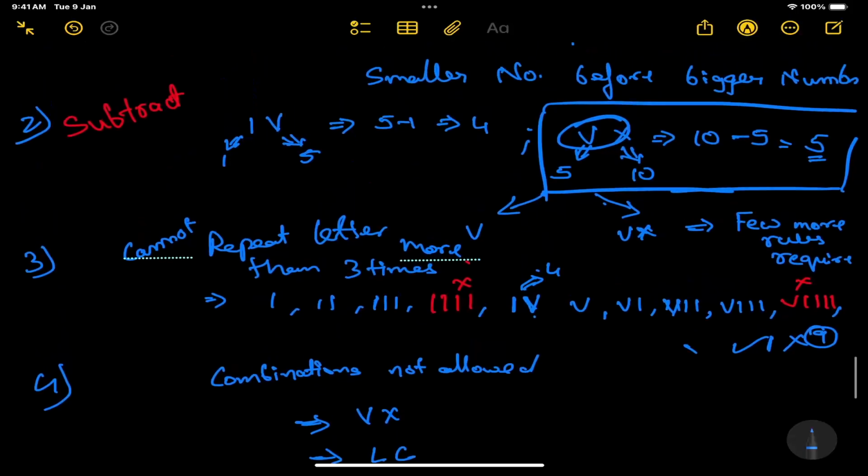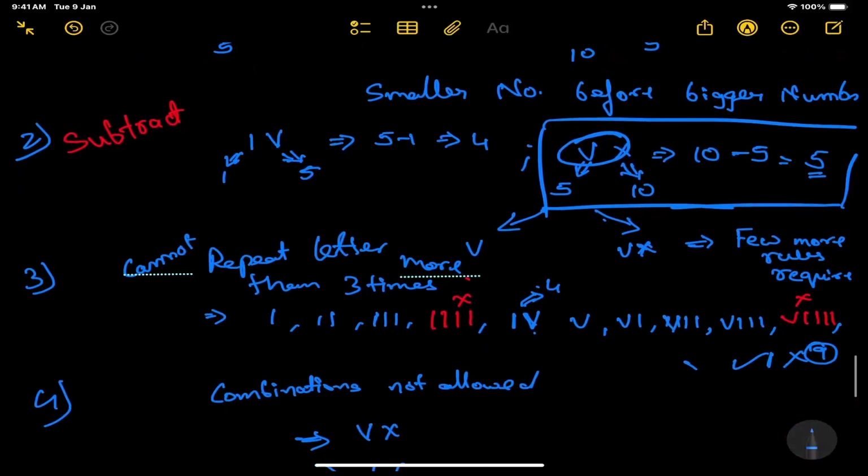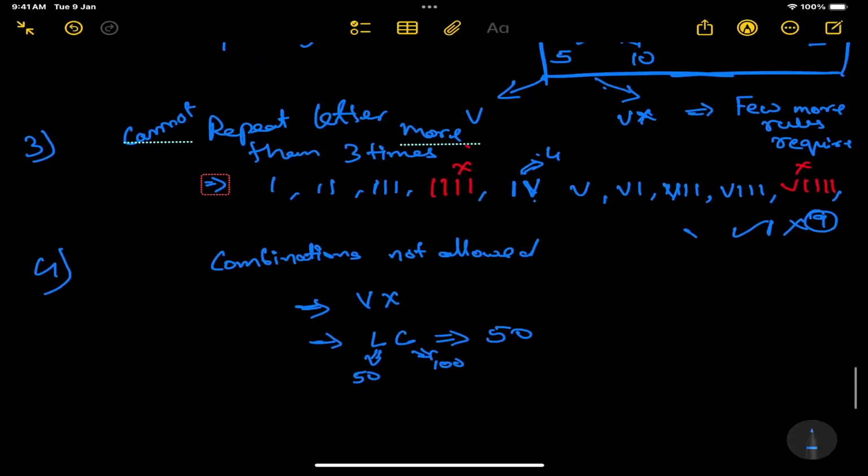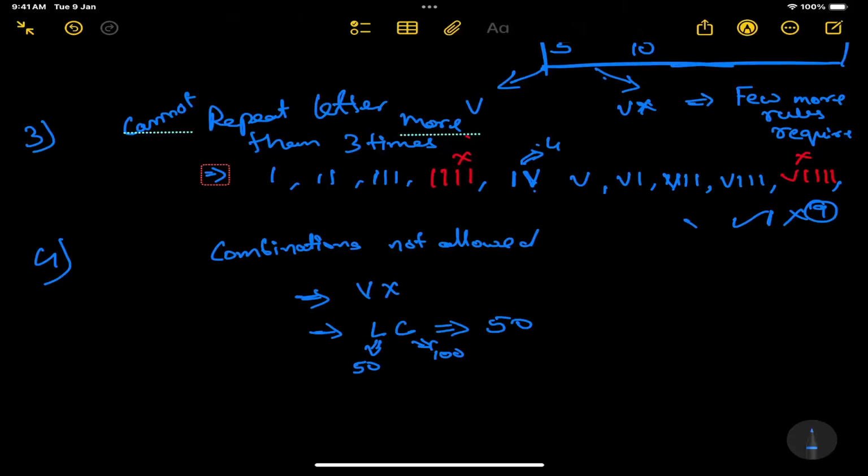Can you tell me what is L? L is 50. And what is C? C is 100. So here also, if you go with rule number 2, you will not be able to solve this, because 50 can be written this way as well, and 50 can be written this way as well.